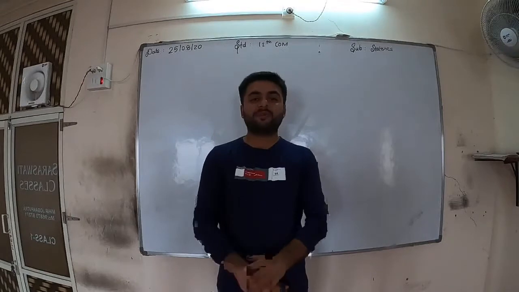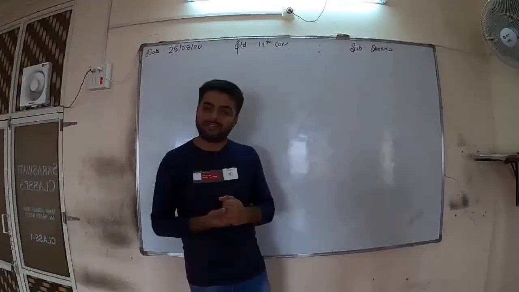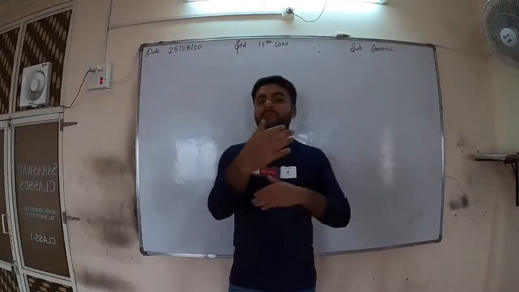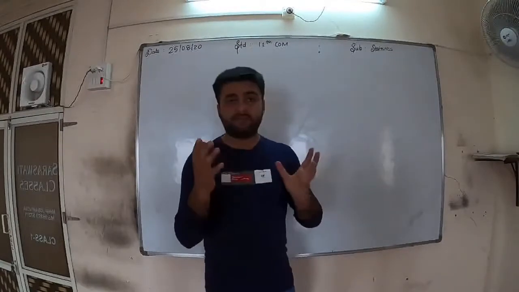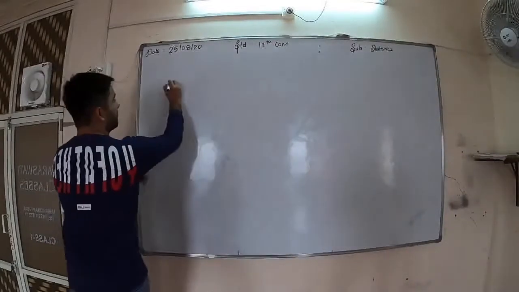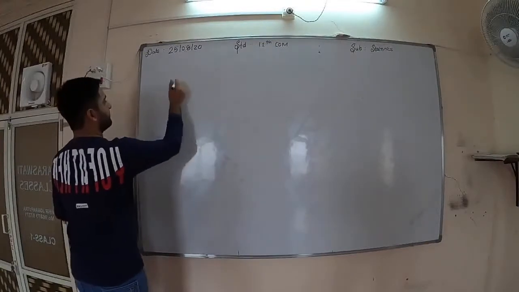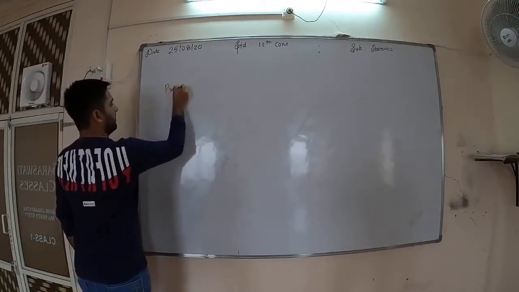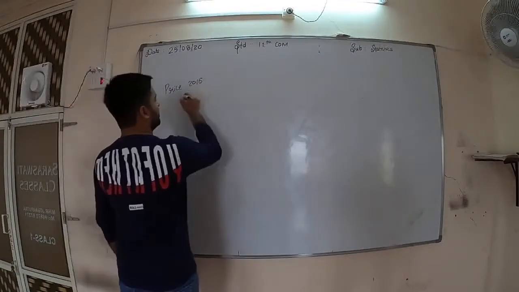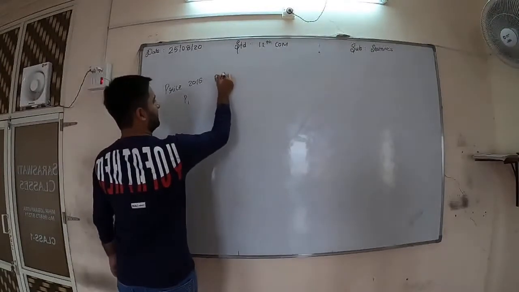So again, just now we have completed illustration 12. Now again moving forward for some new topic. What I was talking about is what was given in illustration 12 and in every question. Suppose now it was given price 2016, you denote it as P1.